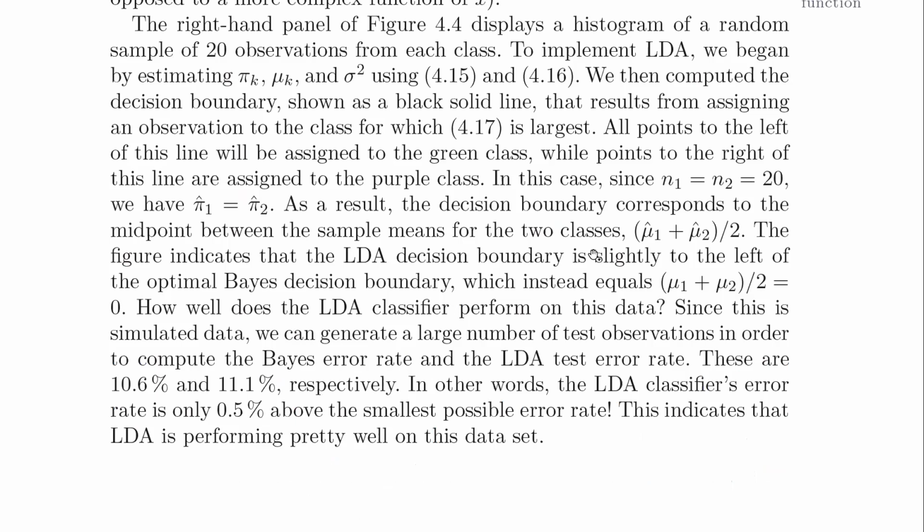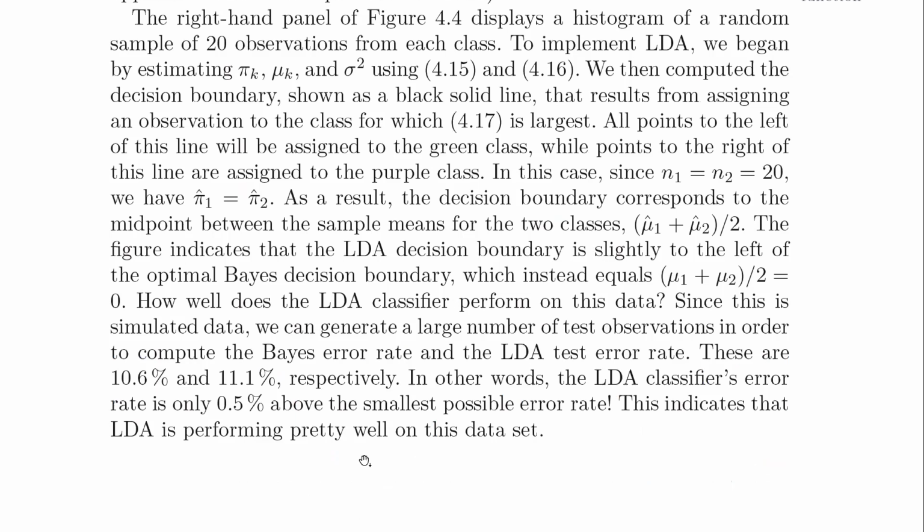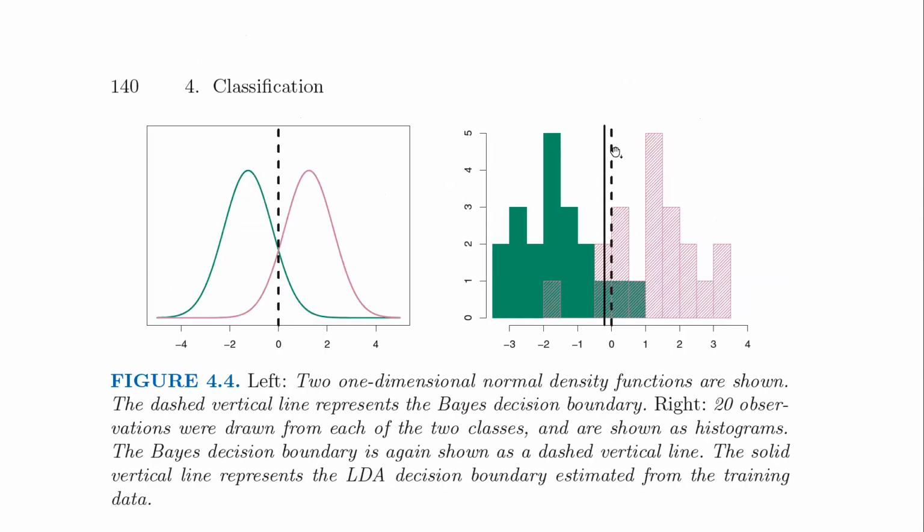Remember when we calculated the error rate for this decision boundary, it was like getting 2 out of every 10 wrong, roughly.